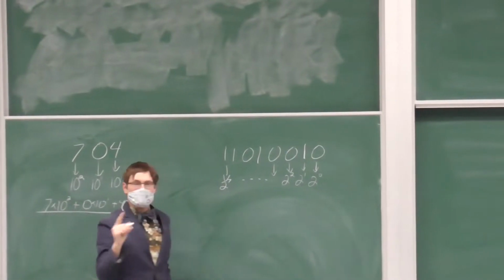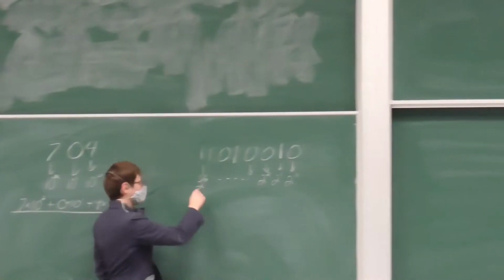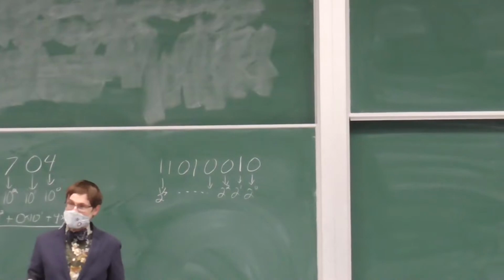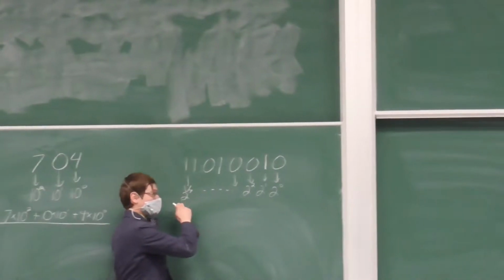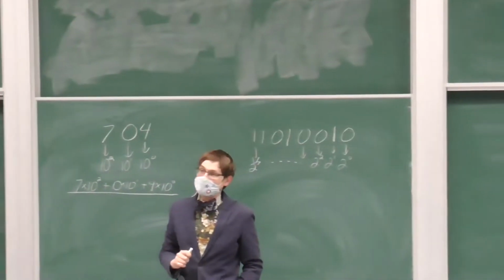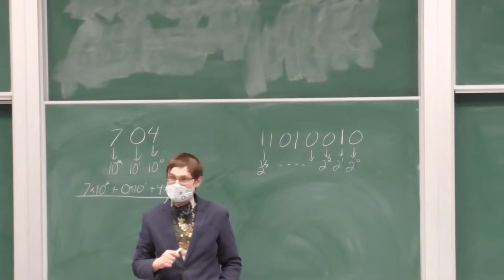So notice 8 bits, we go to the 2 to the power of 7, right? So anybody, what's the maximum number that you can represent in this notation?